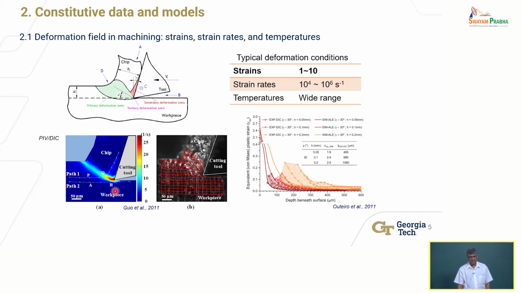Particle imaging velocimetry is a technique that fluid mechanicians have used for a long time to experimentally analyze the flow of fluids, okay, and analyze the boundary layer between flowing fluid and the solid wall, things of that nature.